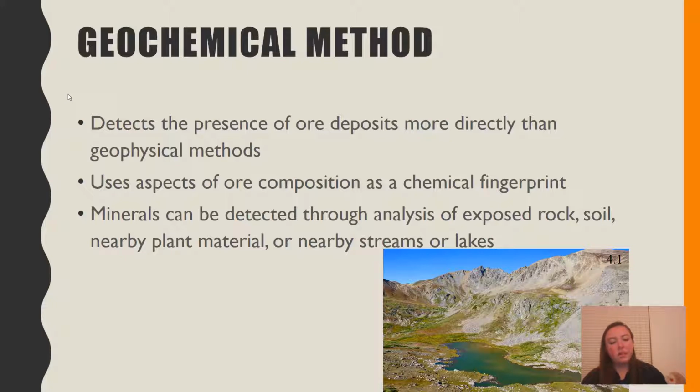These minerals can be detected through the analysis of the exposed rock and soil in the immediate area of the target, or they can be determined through the chemical composition of the nearby plant material or nearby streams and lakes.